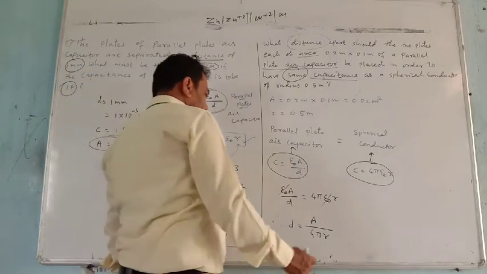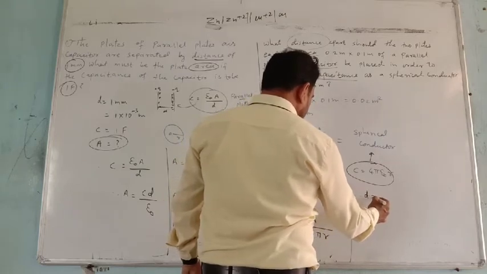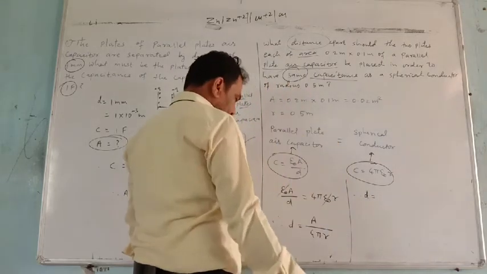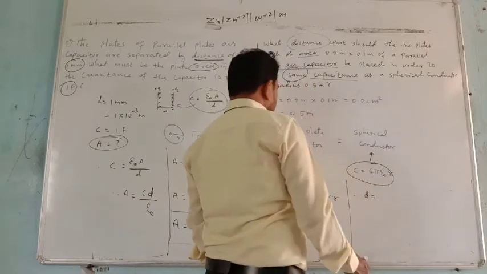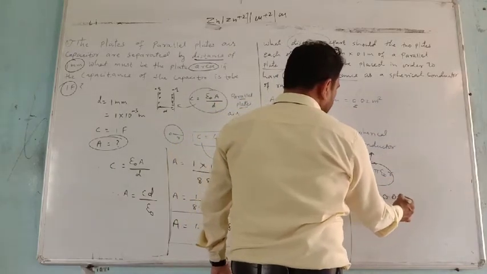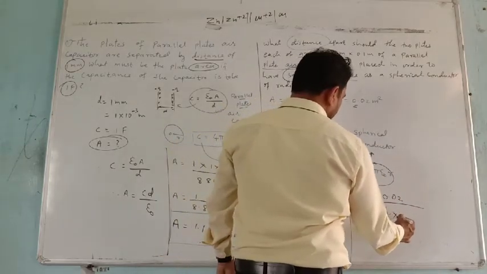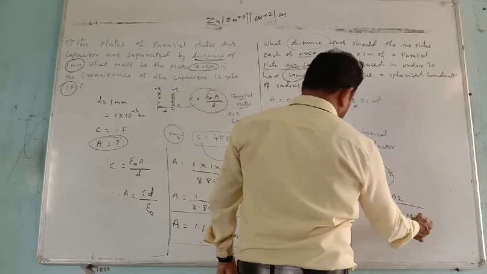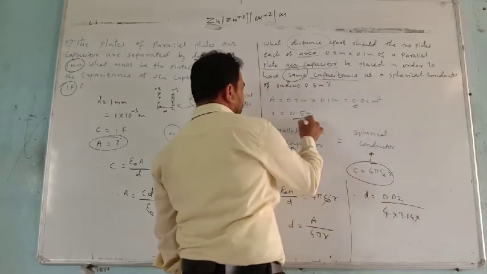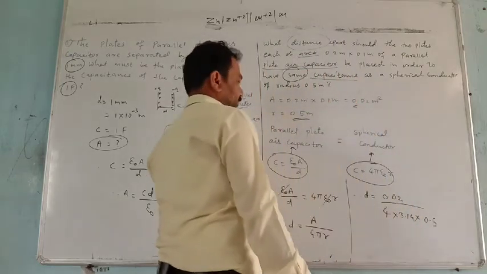After putting in the given values, D is equal to the area, which is 0.02, upon 4 times pi, 3.14, multiplied by R, the radius, which is 0.5.